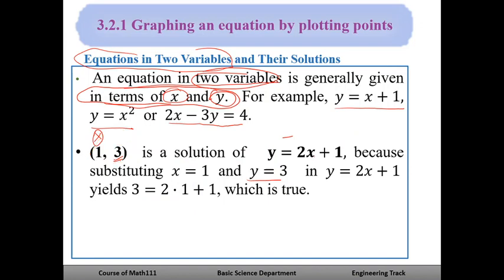Can we find other solutions? For example, what about (0, 1)?